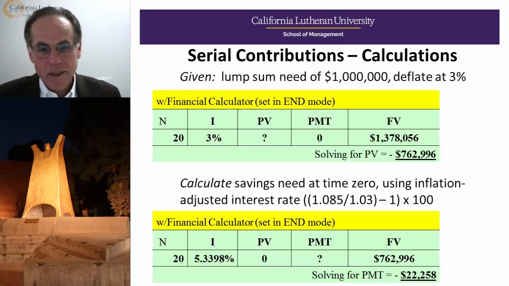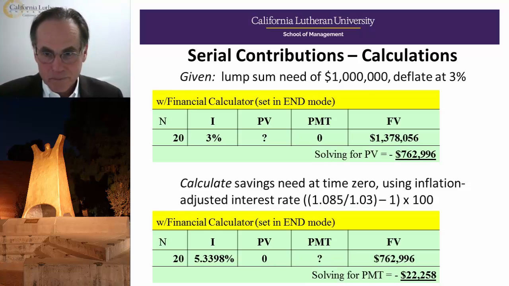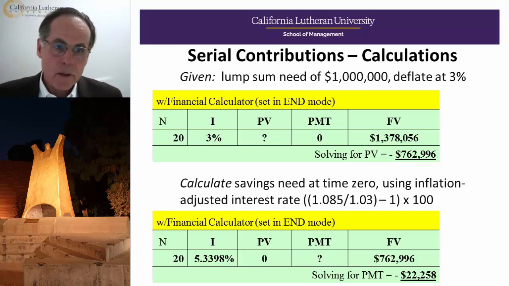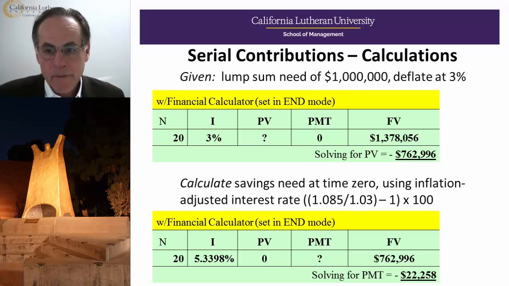You've calculated the lump sum. And in this case, you have to excuse me, not 1 million, it's 1,378,056. 20 years pre-retirement, the inflation rate is 3%, so you're going to discount that back to year 0, and that comes up with 762,996.